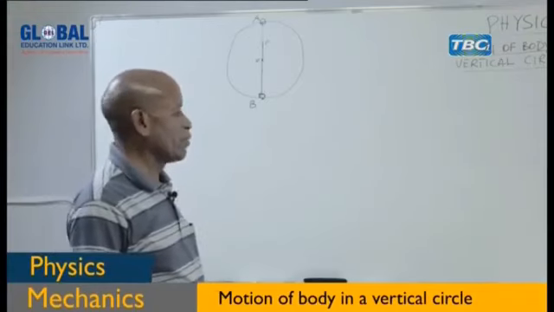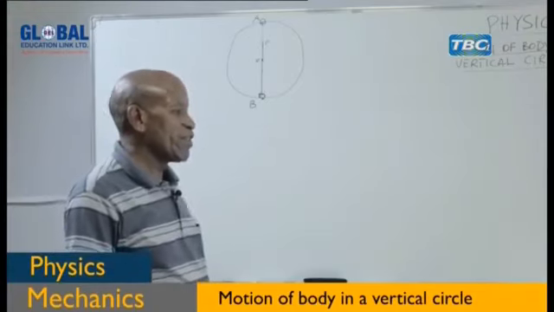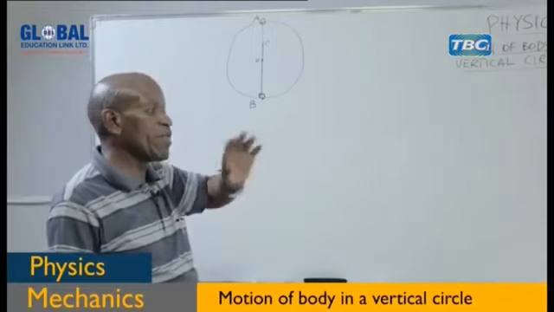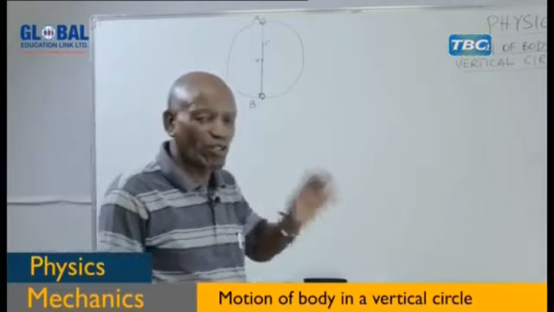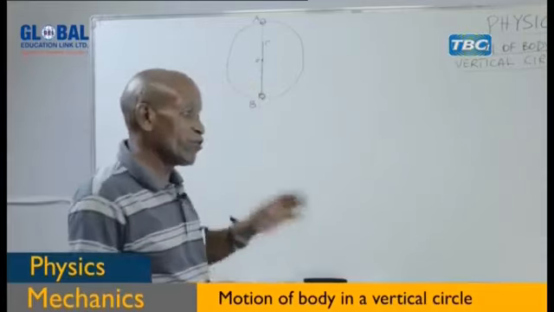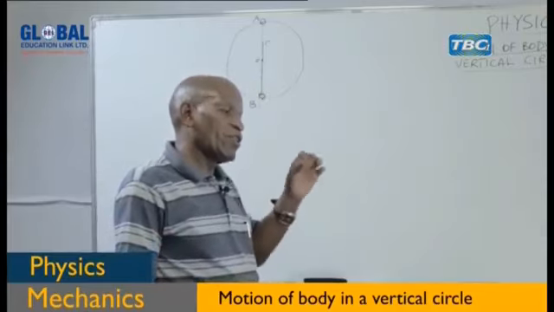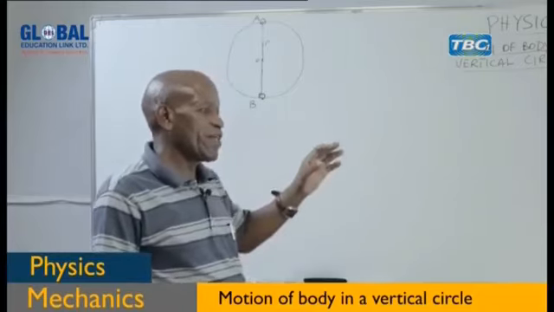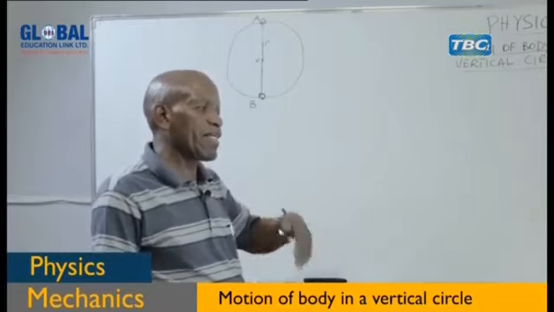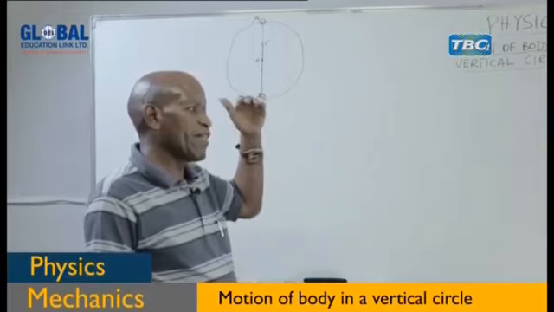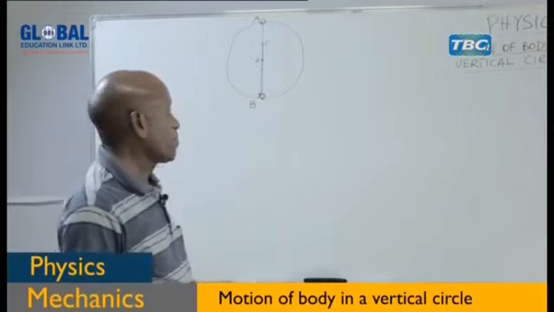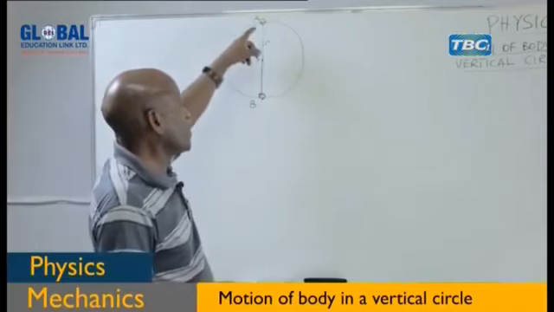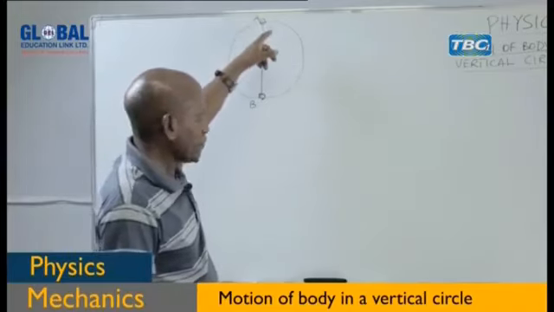So we want to see if the string will become slack or remain tight at the highest point. To determine if the string will go slack whenever that bucket passes at the highest point, we need to determine the minimum velocity.